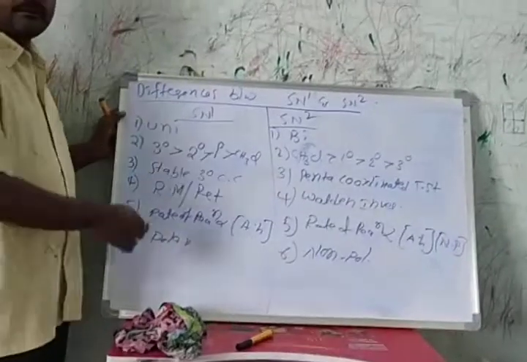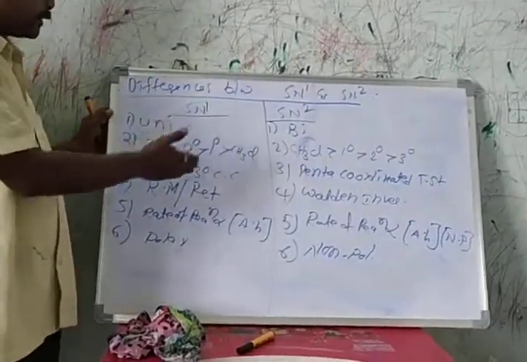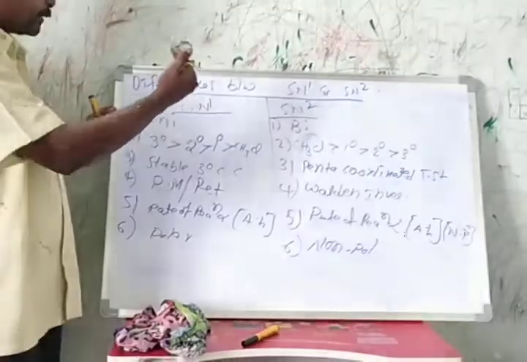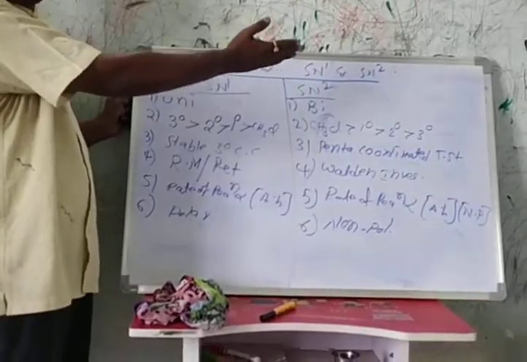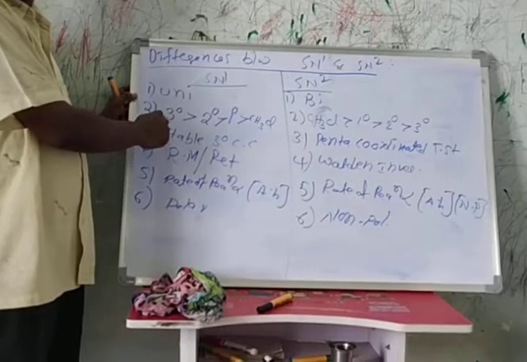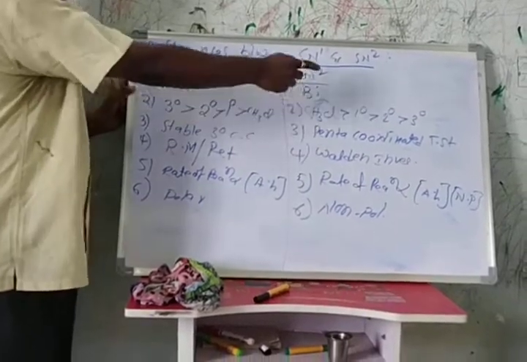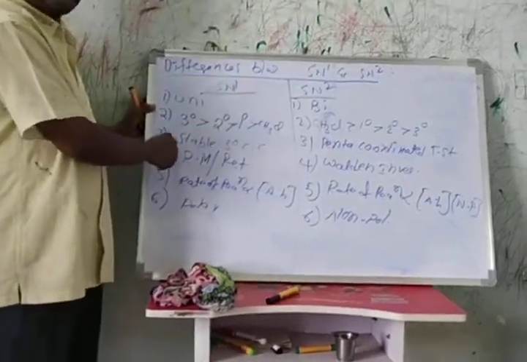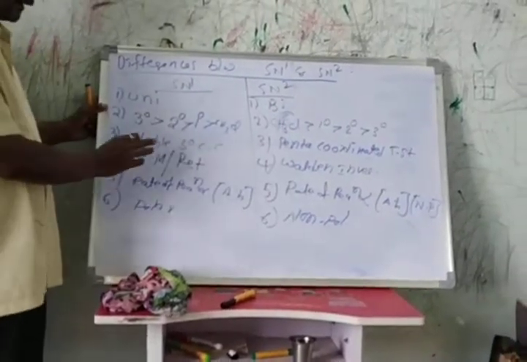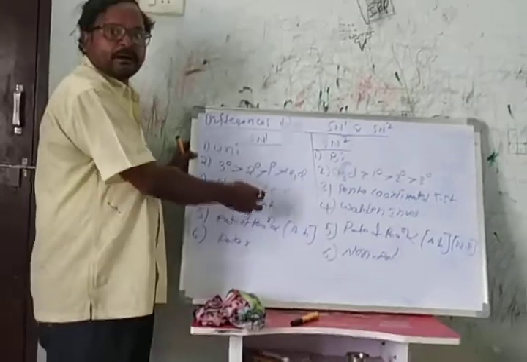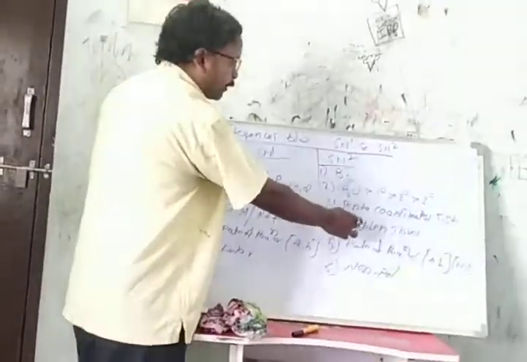What are the differences between SN1 and SN2? Unimolecular versus bimolecular. Observed in tertiary versus methyl chloride or primary. Reactivity: tertiary is more for SN1, methyl chloride or primary is more for SN2. SN1 proceeds through a tertiary carbocation, SN2 through a penta-coordinated transition state. SN1 forms a racemic mixture or retention product, SN2 forms the Walden inversion product.